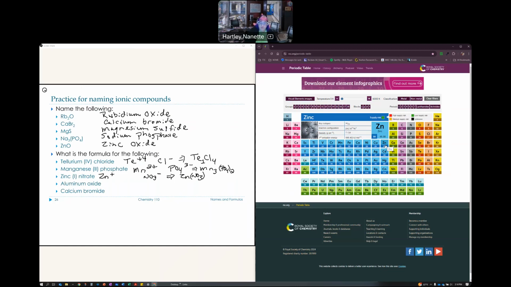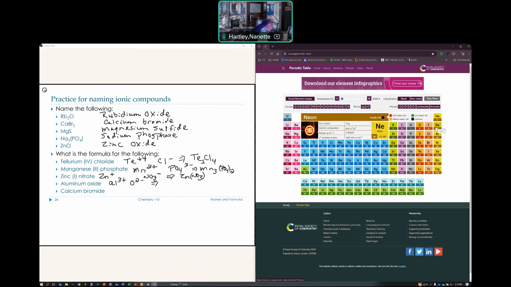We have aluminum. Now, aluminum is one of these guys that's kind of weird. He's right here. So he's an Al. He is a metal. So he loses electrons. He loses 1, 2, 3 to become like the nearest noble gas. So he's a 3 plus. And then we have our oxygen. He's right here. He picks up 1, 2 electrons to become like the nearest noble gas. So O 2 minus.